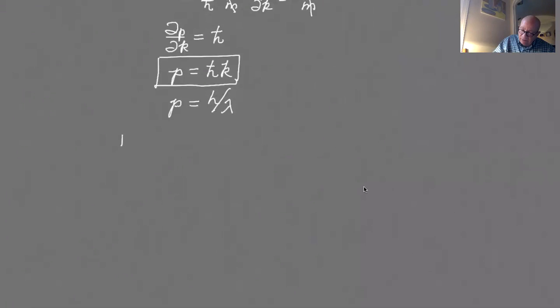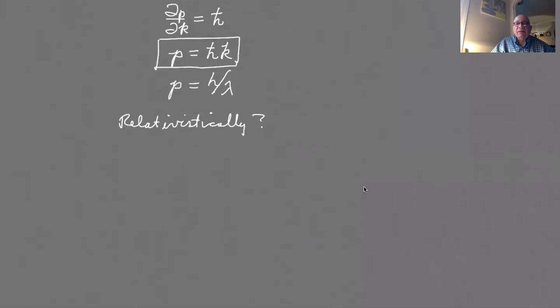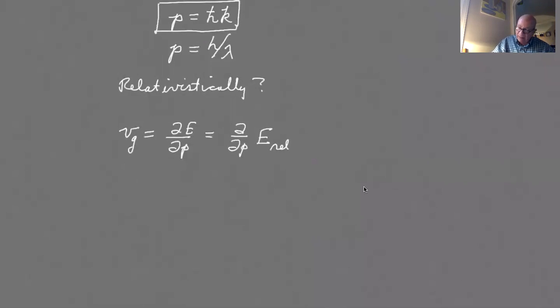So what about relativistically? We've been handling this classically, so let's see if that actually is consistent with what we've been talking about so far. V group is going to be the change in E with respect to p, where E is the relativistic energy.